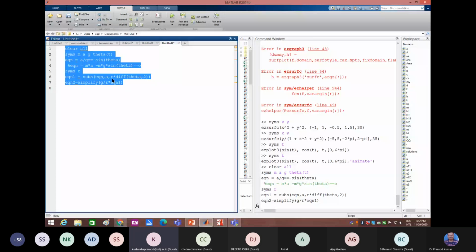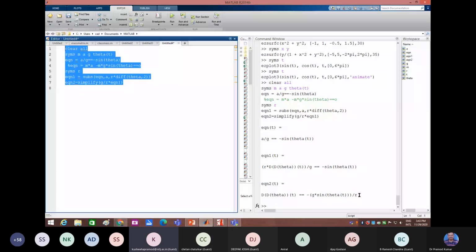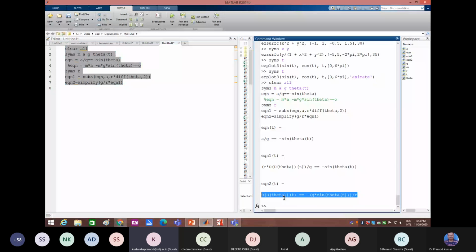Theta differentiated twice, and G by R we had put here, and then we will get equation number 2. Equation 2 we get: d square theta by dt square is the left side. On the right side, g sine theta divided by r.